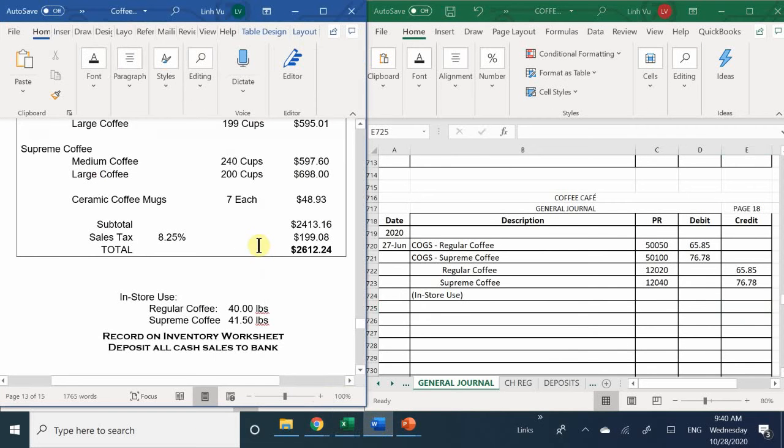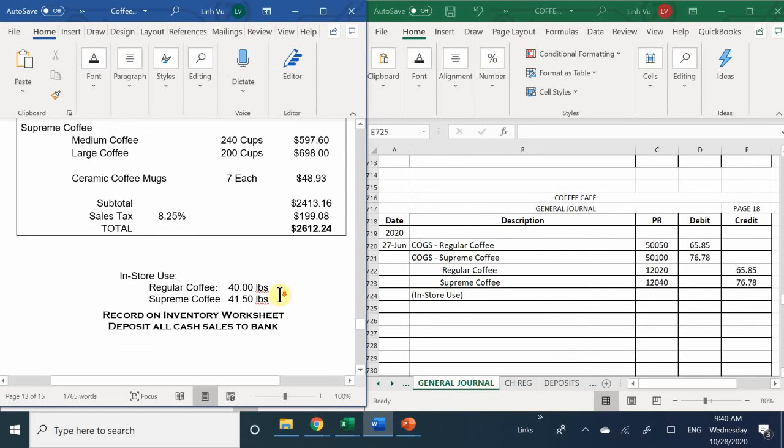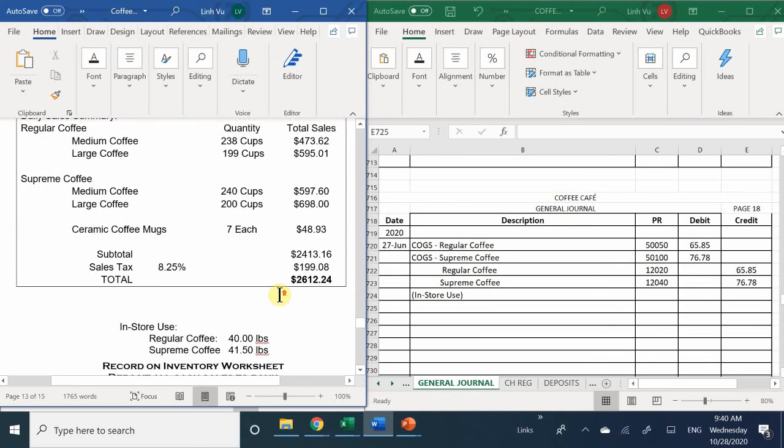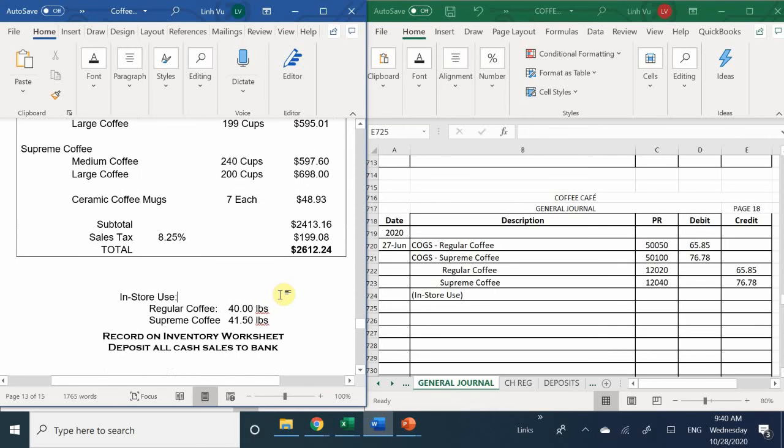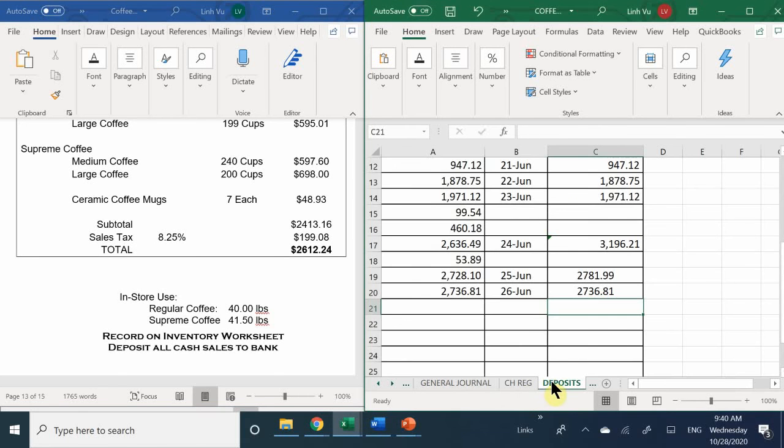So back to our journal and back to our scenario here. So what is the last thing you have left to do? We have to record the money we receive from our sales into our check register. Check register deposits. Okay, let's see. Deposits, yes. So we had a total of 26,12,24.27.